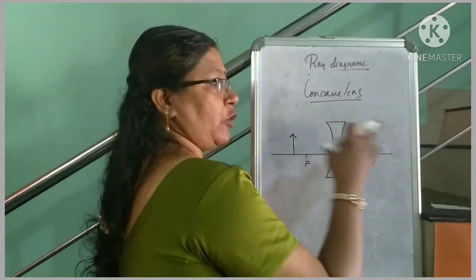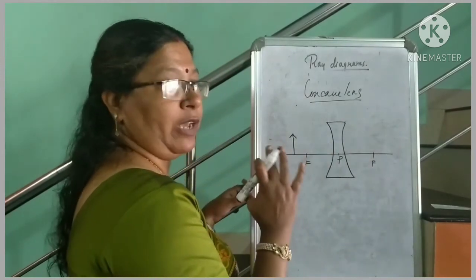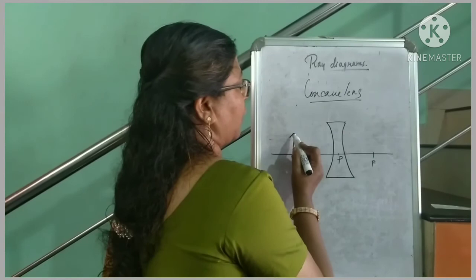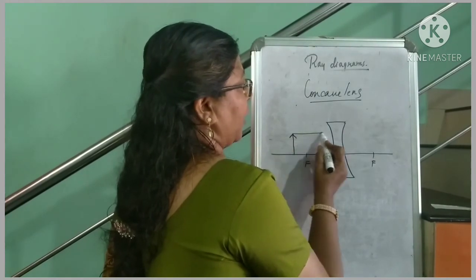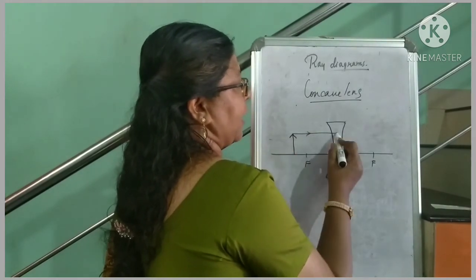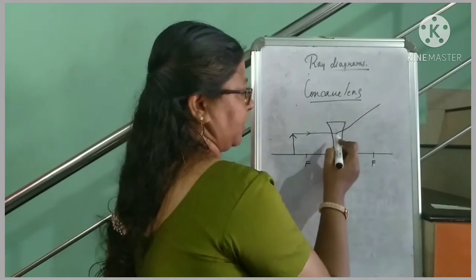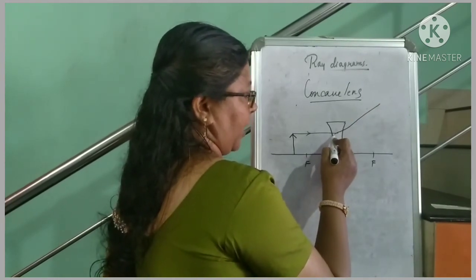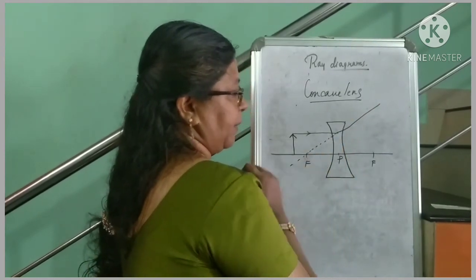Since it is a virtual focus, you cannot have the 2f and all. So first law is a ray of light passing parallel after refraction diverges, but it appears to have come from the principal focus.